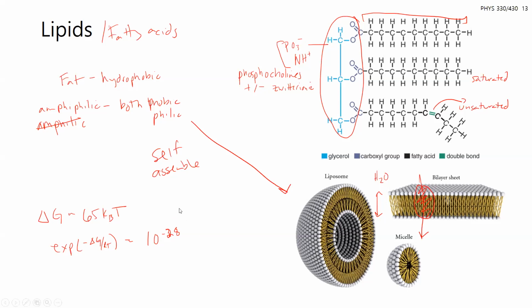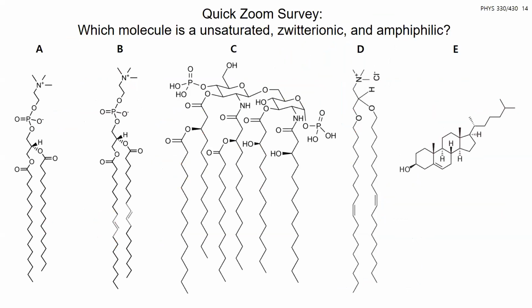So based on this description that I've provided of different properties of the lipids, I guess a quick, let's see if I can do a Zoom survey, or we can just put it in the chat. Add a poll question. Let's see if this works.